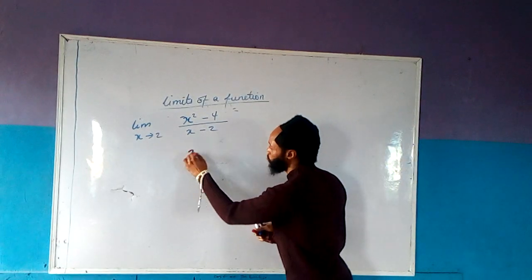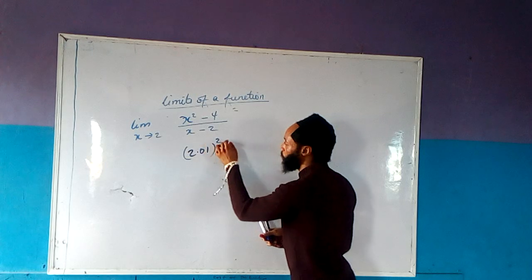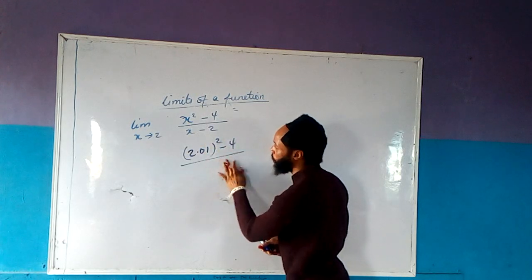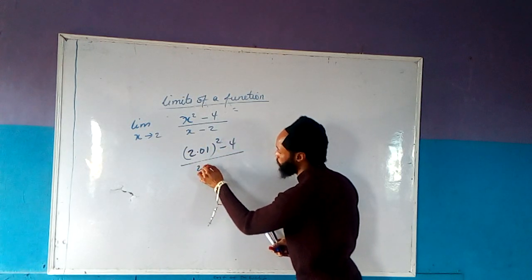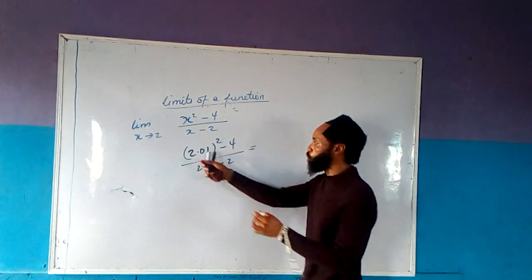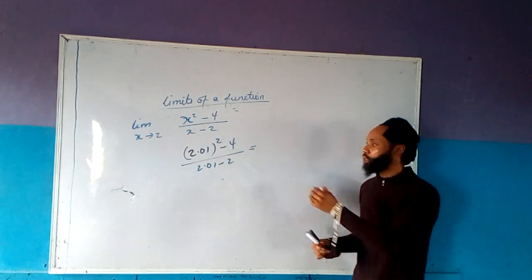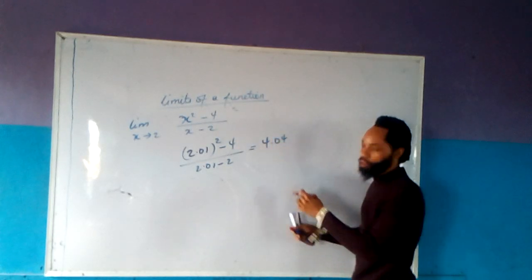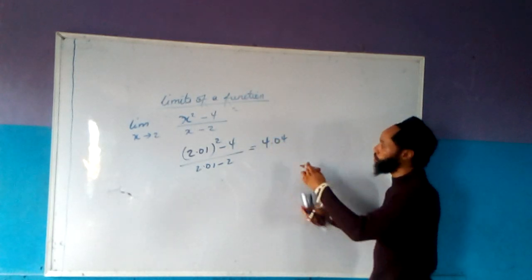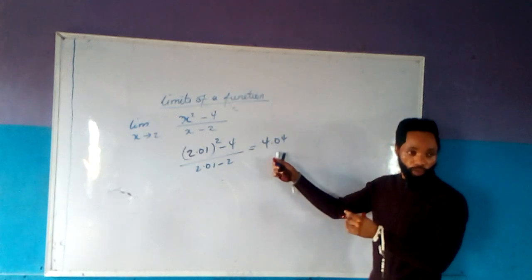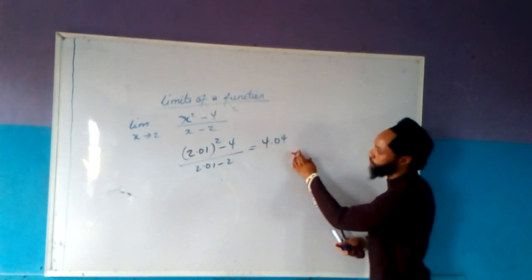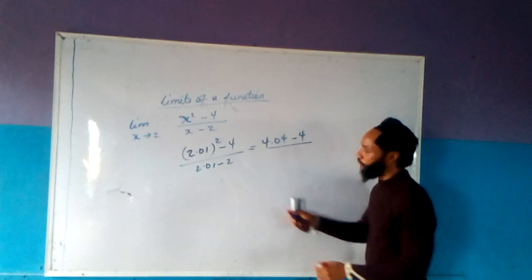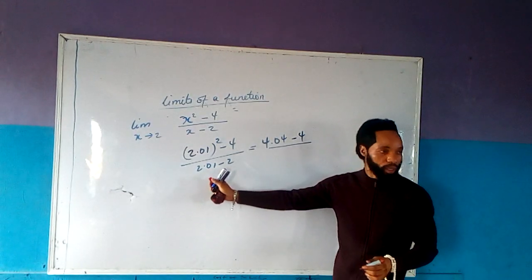So what happens? 2.01 all squared negative 4 all over 2.01 negative 2. So 2.01 squared is what? 4.04. Negative 4 all over 2.01 negative 2.